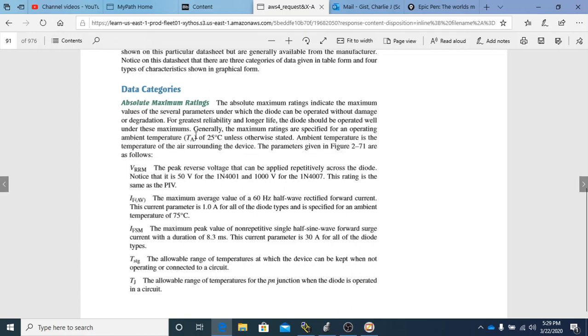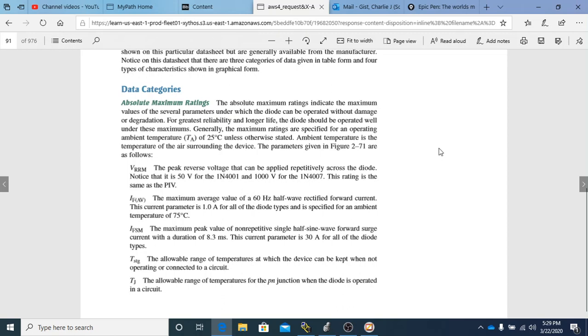So in this case, if it just gives you a value for VRRM and doesn't state otherwise anywhere else, then the information it's giving you is based off 25 degrees Celsius. So just remember that, because some of these things are going to be something that you see on a quiz.